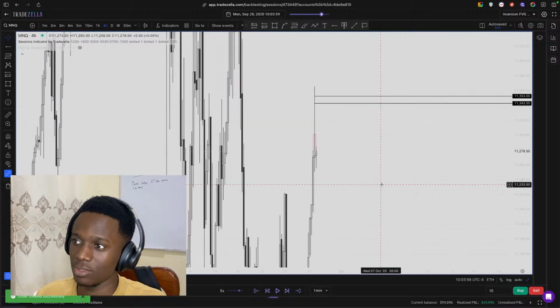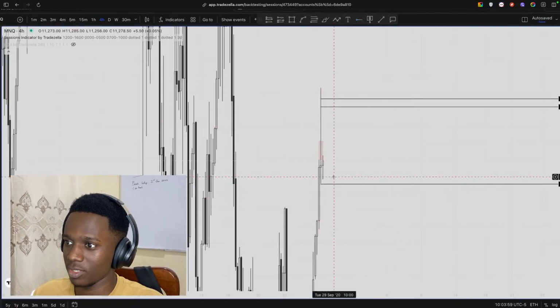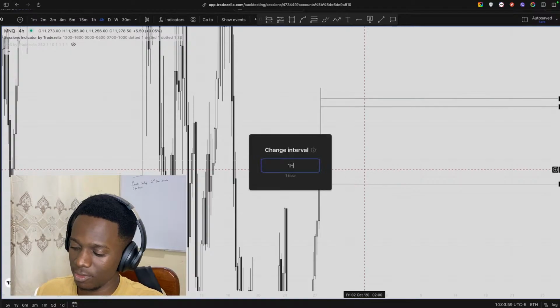Four hour is no longer bullish. I have a small 4 hour gap there. Price could retrace to it.